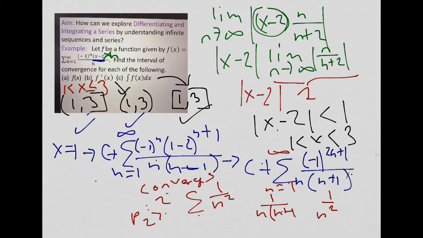And if this is the bigger one between these two fractions, and it is, then by direct comparison test, this is also going to converge. Now, you may be thinking, if there's a negative, then this is not going to work, then it's actually the bigger one over on the left than the smaller one.